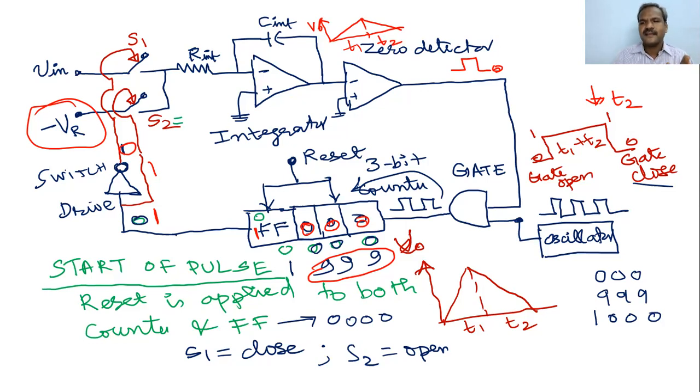Total counting is 2000 counts, from 0000 to 9999. Understand or not?